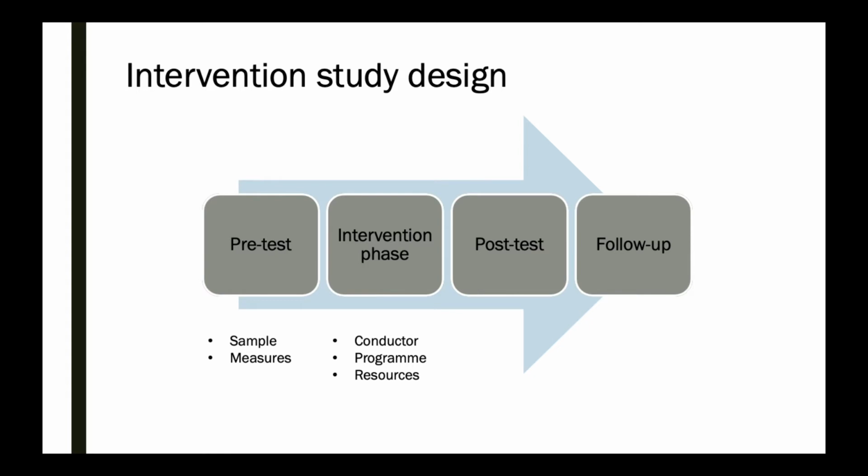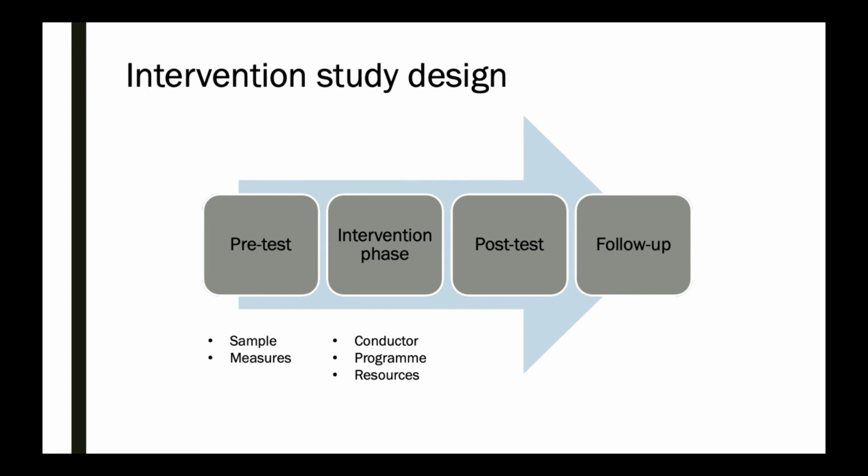Then part of the participants will receive intervention, so they are in the intervention group, and the other ones will serve as controls, receiving either some other intervention program or only following the typical math instruction. The conductor of the intervention program can be, for example, someone from the research group or a teacher.